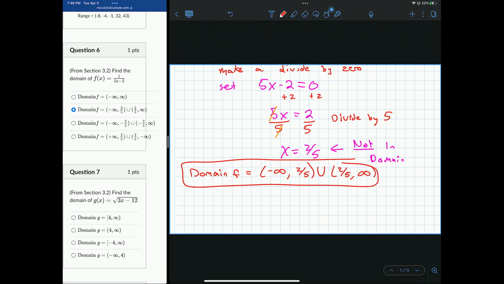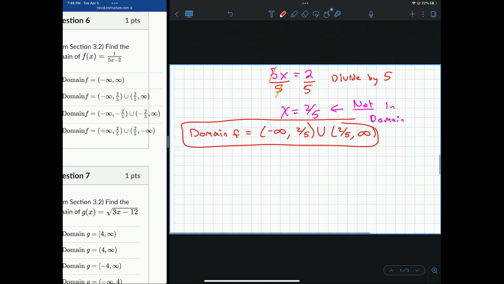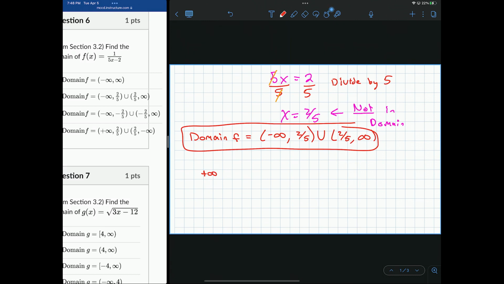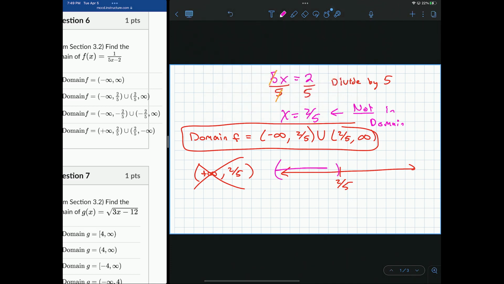It's this one. Now, just be careful. Like this last one here, the numbers kind of look right, but this is not the way we write intervals. You don't go from plus infinity on the left to 2/5 on the right. That is not correct because you have to go in number line order. So 2/5 is somewhere, and this is this interval, and this is this interval.